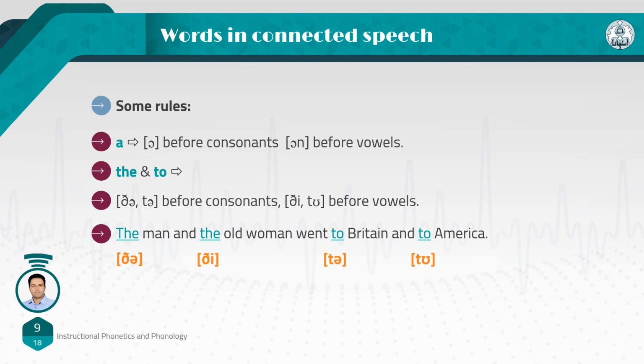Same rule applies for "to Britain" and "to America." Of course, it should be noted that there is a growing tendency for younger American English speakers to use the form "thuh" in all circumstances, even before a vowel.